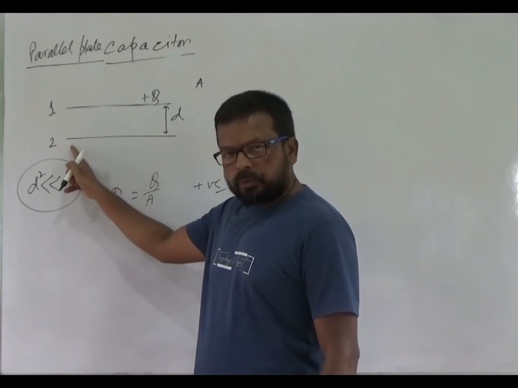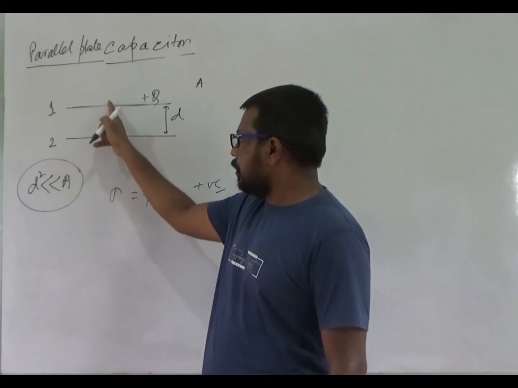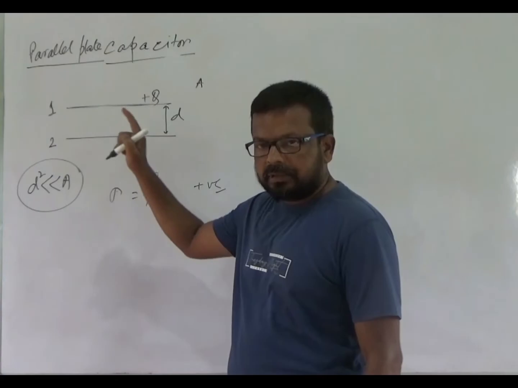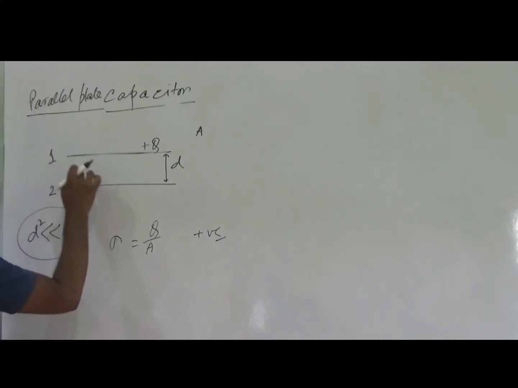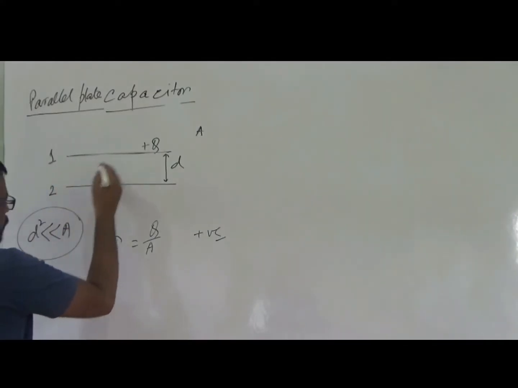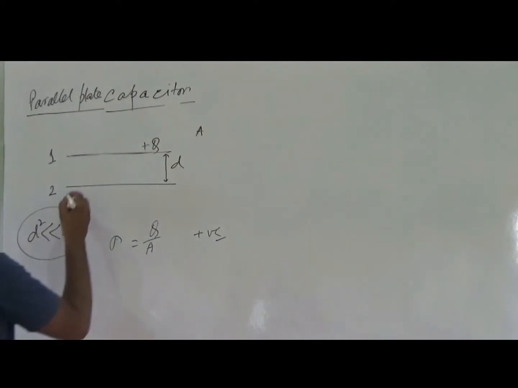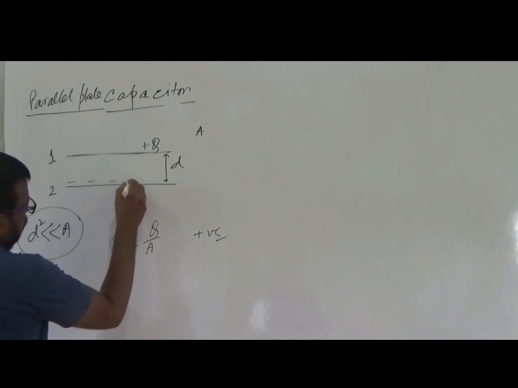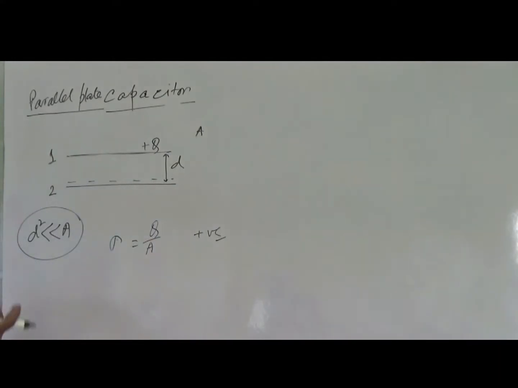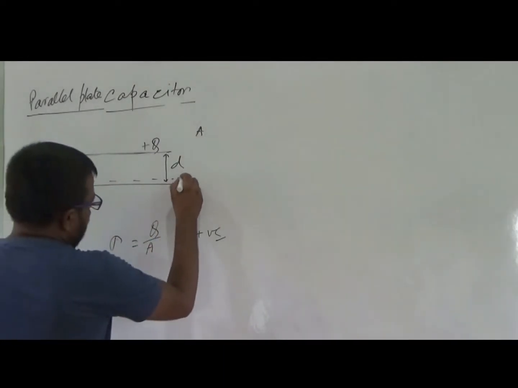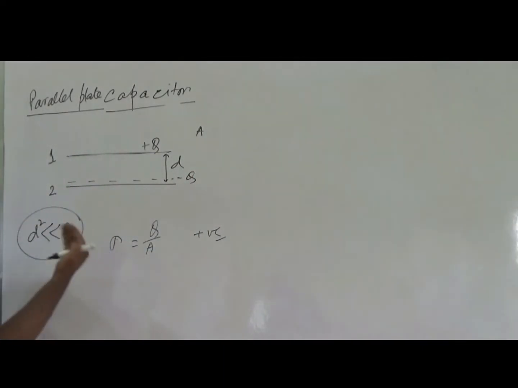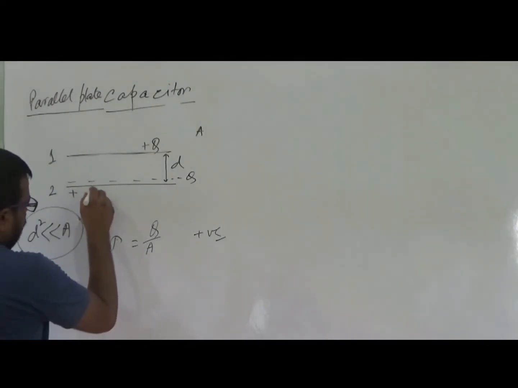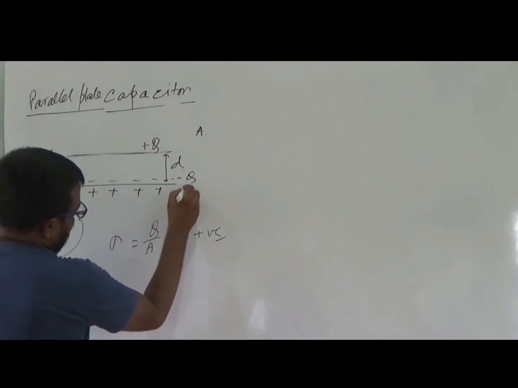Since plate 2 is close to plate 1, on the nearer side of plate 2, which is closer to plate 1, there will be charge induced, and that charge will be minus Q, and on the rear side there will be plus Q charge induced.